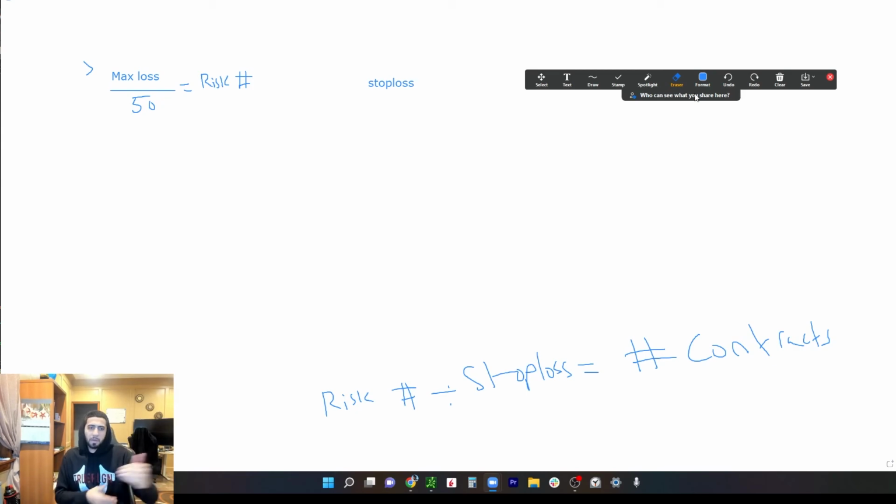So if your stop loss is $5 away, you're doing your risk number divided by 5, and that'll give you how many contracts to buy. If your stop loss is $10 away, you do your risk number divided by 10, and that's how many contracts you get. If you have any questions, please let me know. And just a side note, this is more accurate the tighter the spread and the shorter you hold the contract.